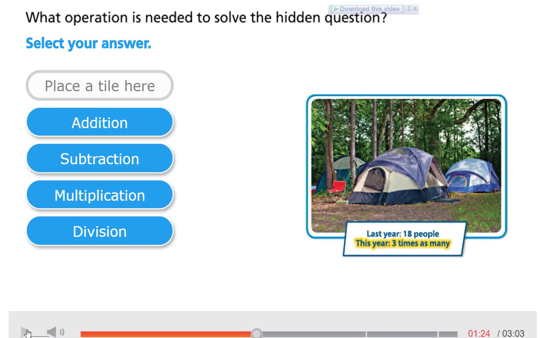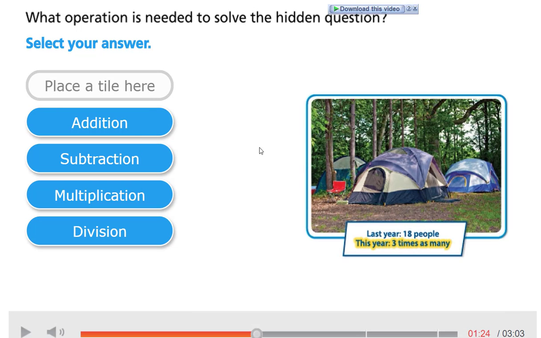Okay, Abdurrahman, what operation should we use to solve the hidden question? Everyone else, please mute your mics. Okay, Abdurrahman, what operation should we use to find 3 times as many as 18?